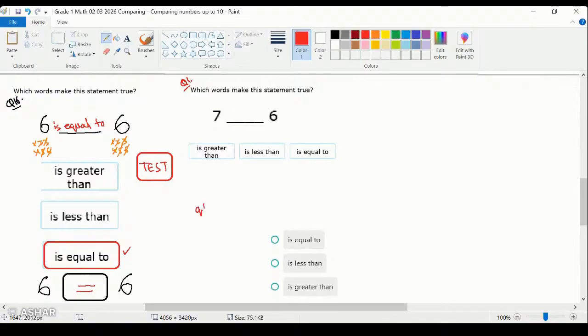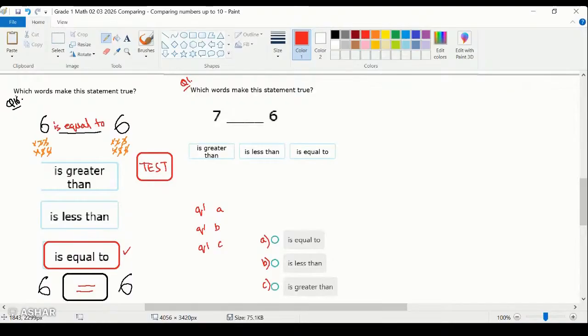Question 1A, question 1B, or question 1C, right? If we have these three options, option A, option B, or option C, 7 cannot be equal to 6.